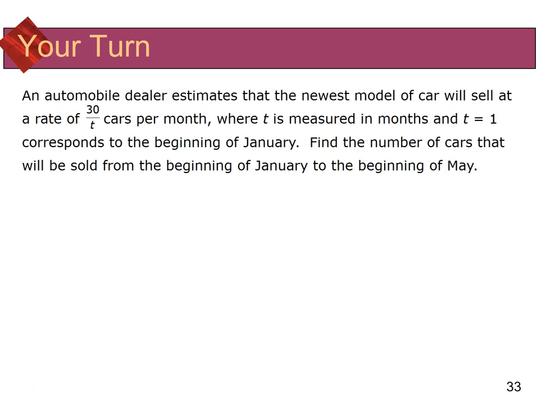I'm going to say that ds, which stands for sales, dt, is 30/t. That represents the rate of change in sales per month.